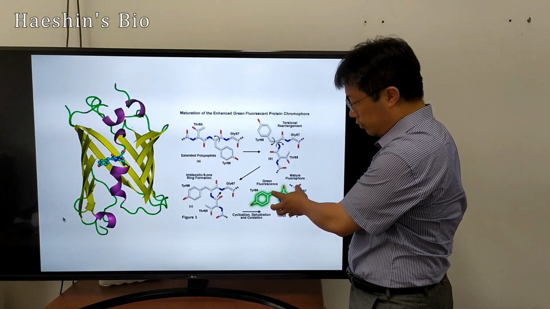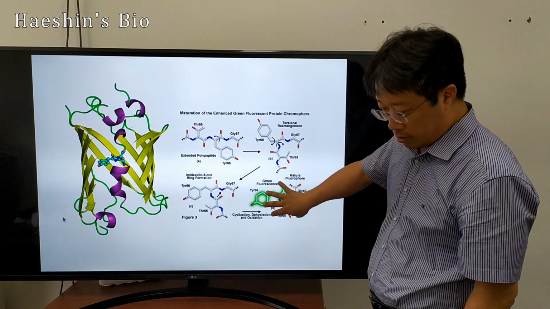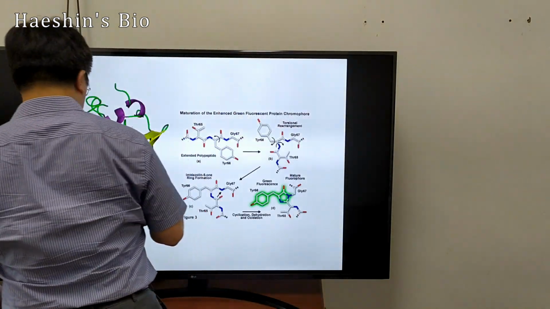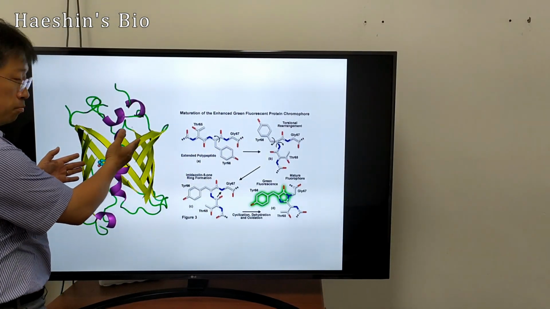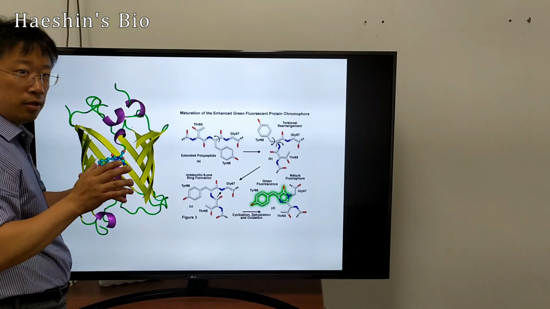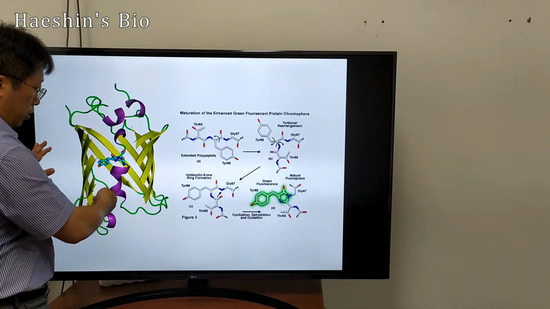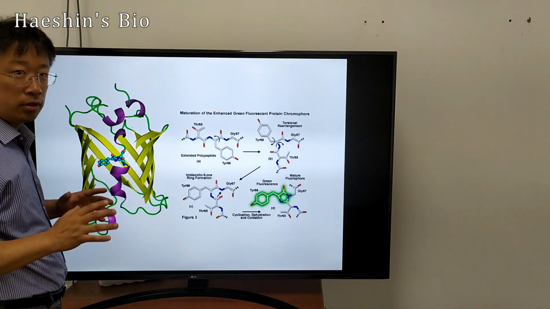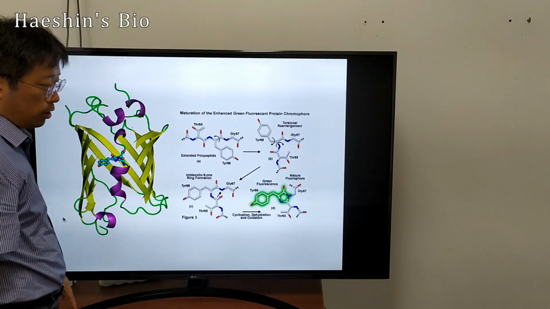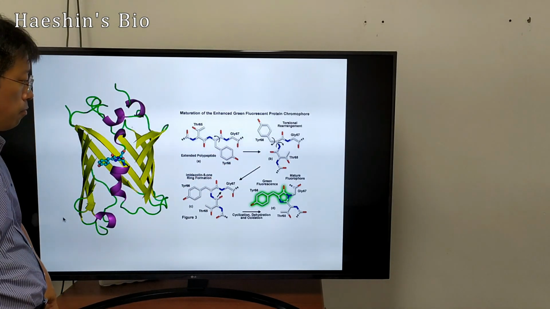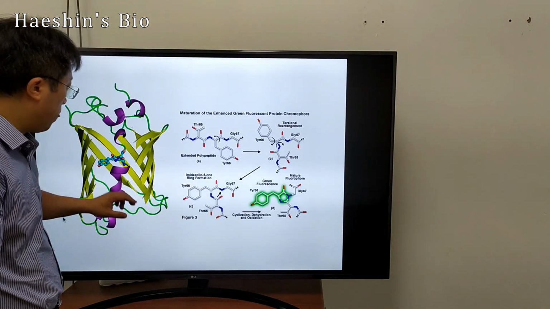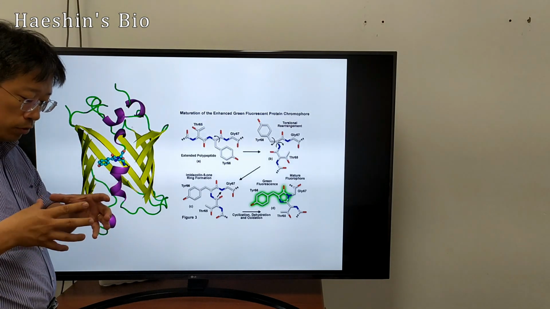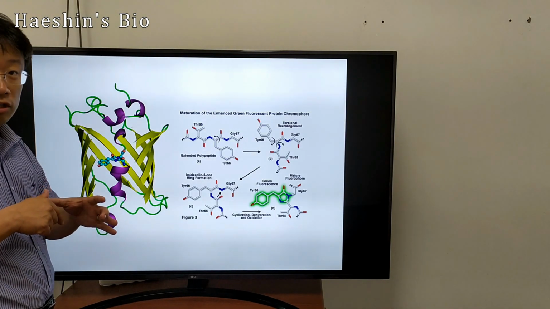These locations are within this barrel. You can see this is a barrel, like a wine barrel. All the beta strands wrap around this tyrosine, glycine, threonine structure, which is the fluorophore here. And then of course, as you learned, inside a folded protein there are no water molecules, H2O.